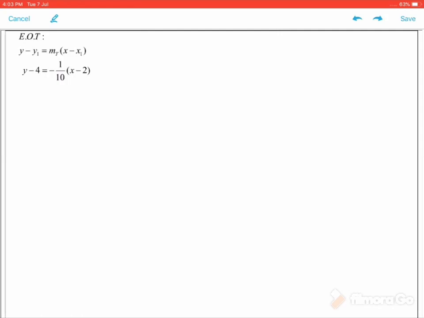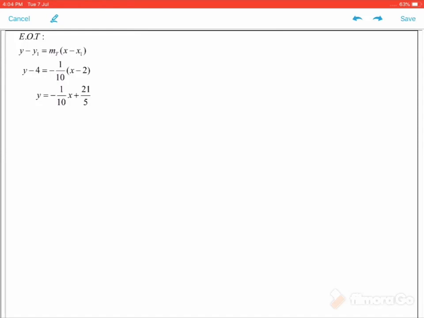After we substitute the point and gradient, now we can simplify. You will get y is equal to negative 1 over 10 x plus 21 over 5. So there's the equation of tangent.